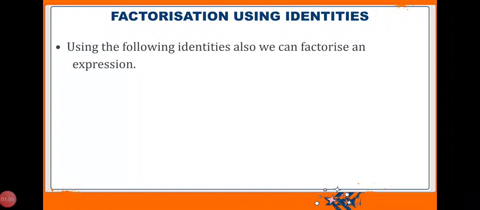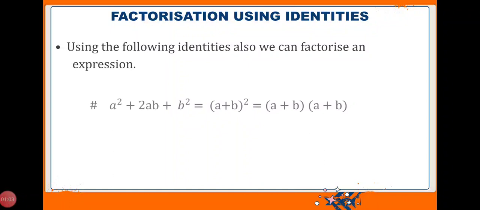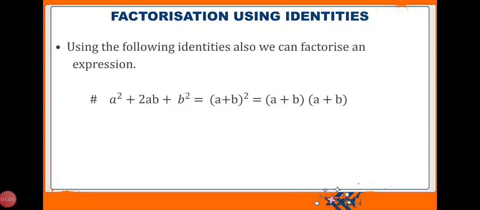That is, the first identity is a square plus 2ab plus b square equal to a plus b whole square, that is equal to a plus b into a plus b. A plus b whole square means a plus b 2 times we have to take. So we can expand that also. This first identity is called the perfect square identity for addition.